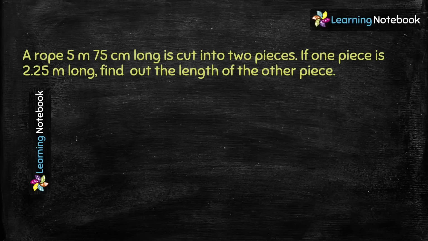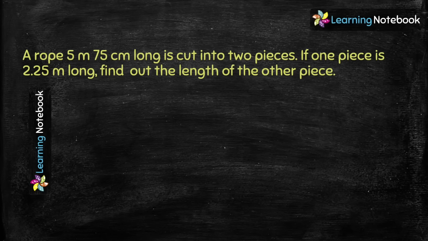Students, in this section, we are also going to learn addition and subtraction of length measures. So first word problem is a rope 5 meters 75 centimeter long is cut into 2 pieces. If one piece is 2.25 meter long, find out the length of other piece.